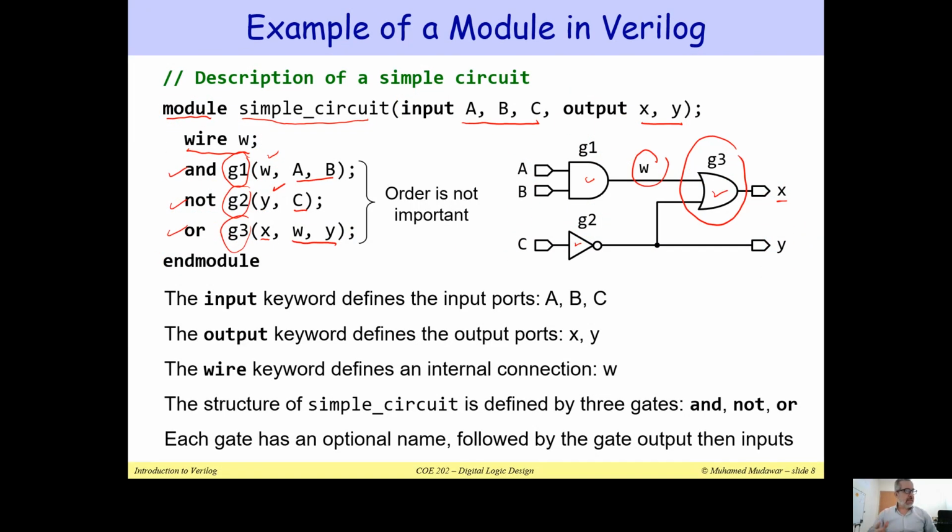The statements which are written inside the module in Verilog are concurrent. The hardware is parallel. So therefore, you can show all of these gates in any order. The meaning of the circuit does not change if you change the order of the gates. The most important thing is the wiring: what are the inputs and what are the outputs for each gate.